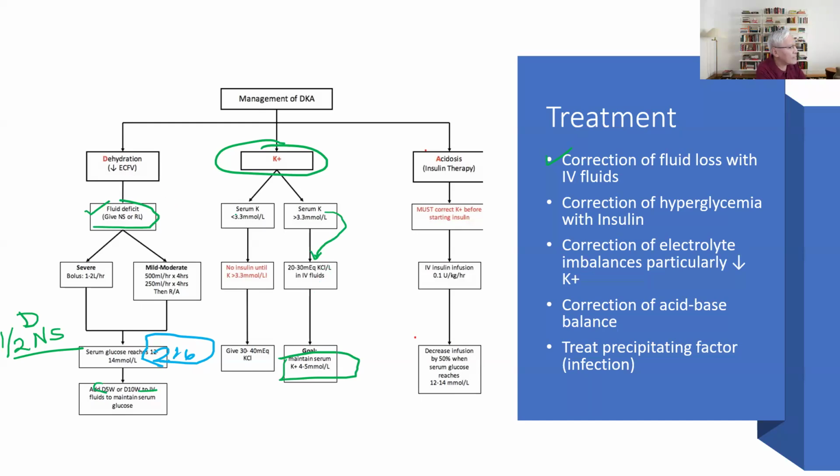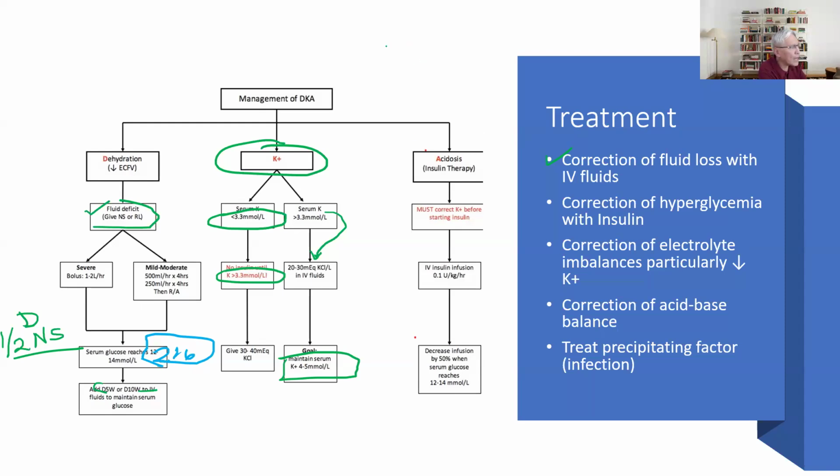If the serum potassium is going to be high, then what we're going to do is we're not going to give insulin until after the potassium reaches towards the normal. Why is that? Why are we not going to give insulin when the potassium levels are going to be less than 3.3?